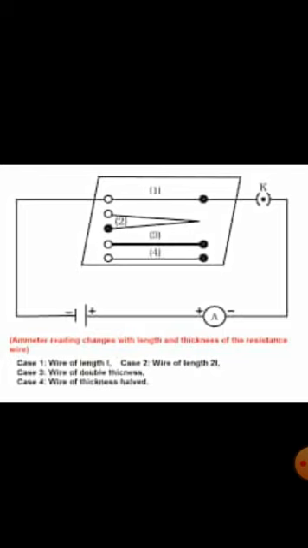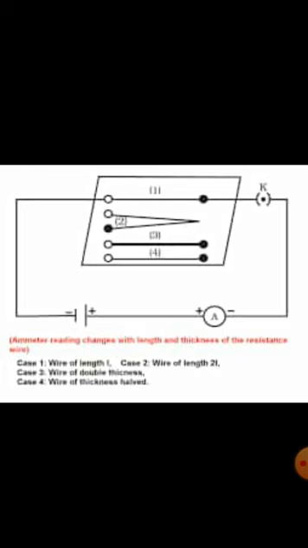Now replace it by nichrome wire marked as 3. It has length L, same as nichrome wire marked 1, but it has more cross-sectional area. It is more thick. Note down the ammeter reading as I3. Now replace this with the copper wire of same length and thickness as that of nichrome wire marked as 1.